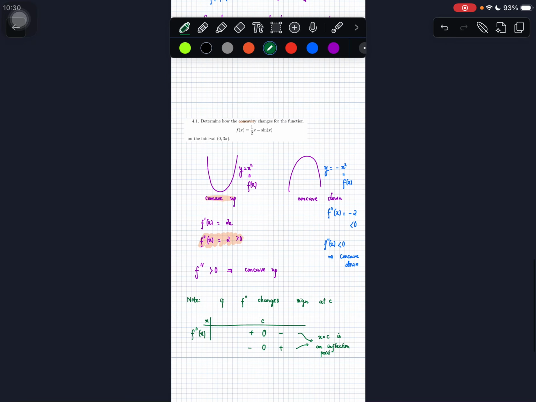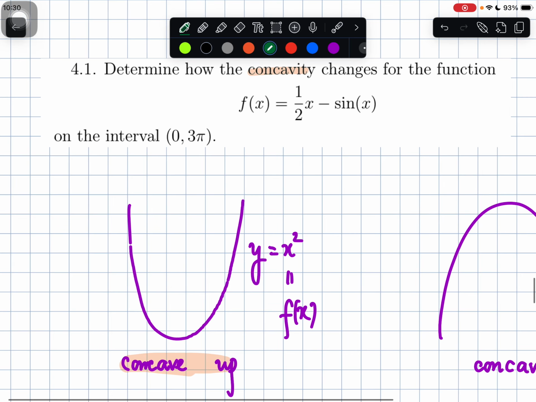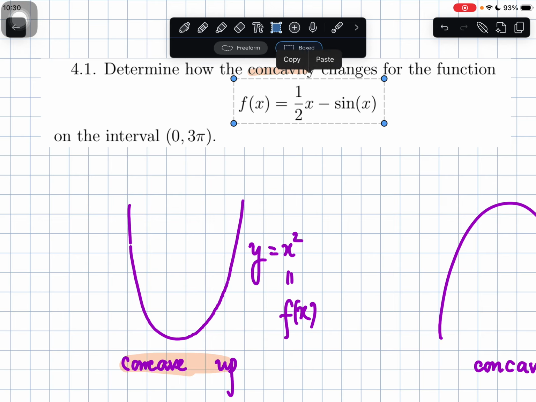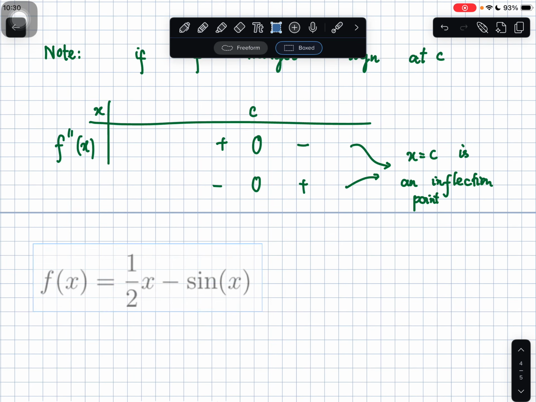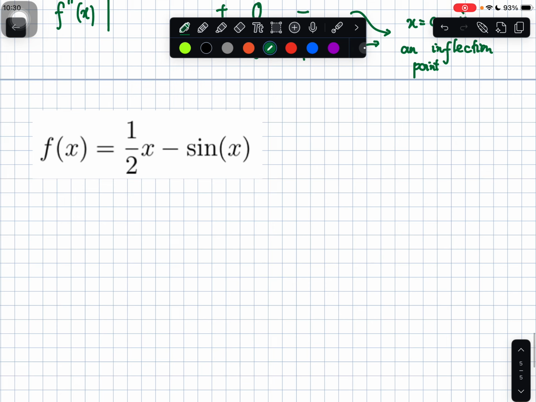Let's do this for our example here. F of x equal to this function, x on 0 to 3 pi. All we need to do is to compute the second derivative of f. F prime of x equal to 1/2 minus cosine.